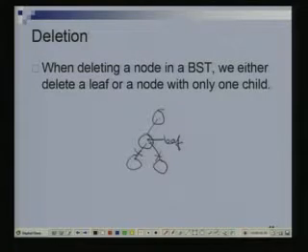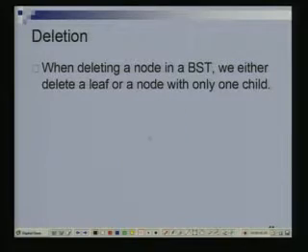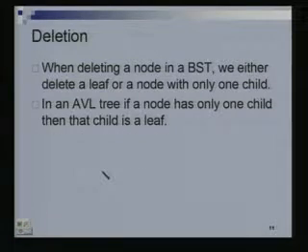So if in an AVL tree a node has only one child, then that child is a leaf. So what are we saying?